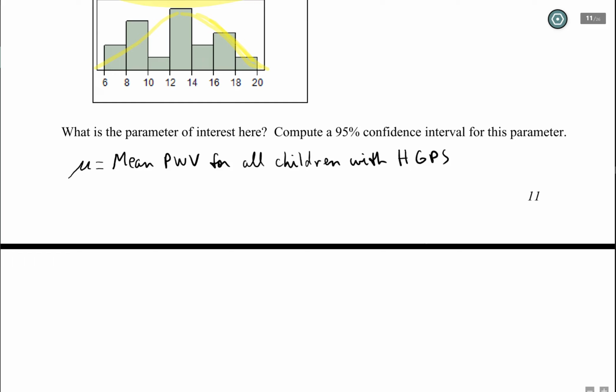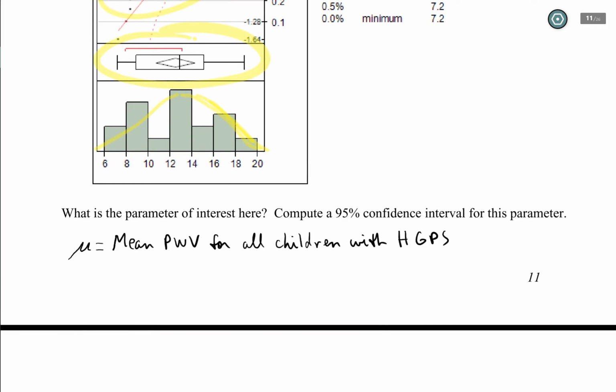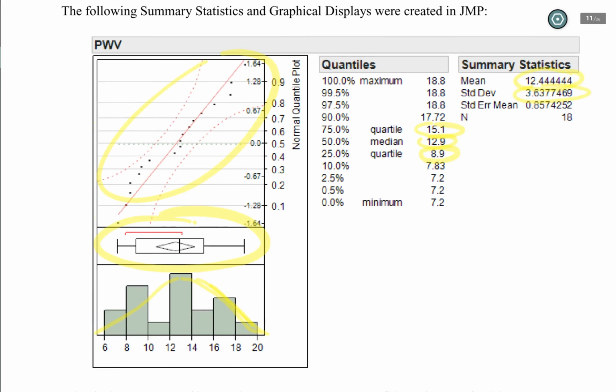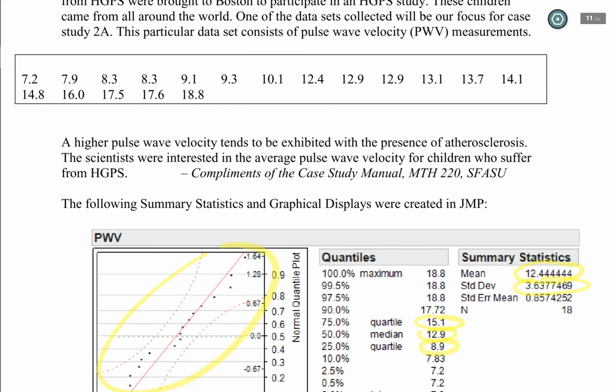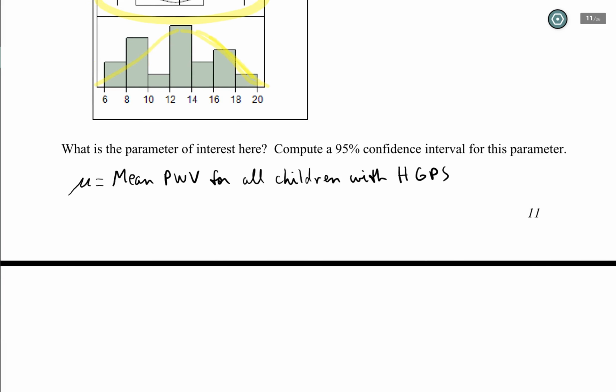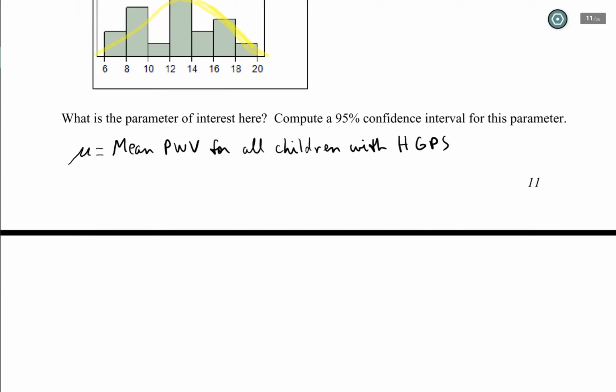Okay, that's the thing we want to say something about. There are several thousand in the world that have this syndrome, and we are only looking at 18, and we want to use the 18 to try to say something about the average of all the children here.